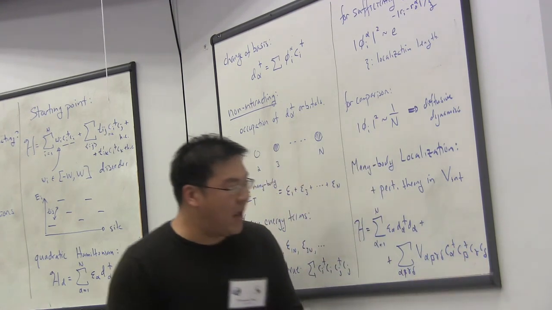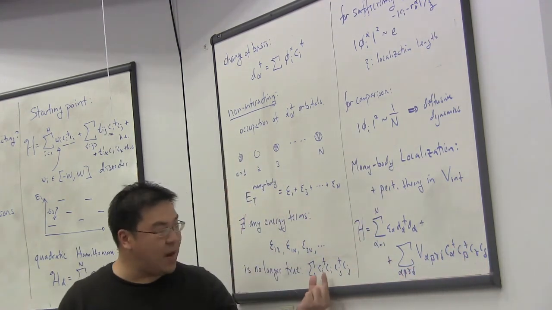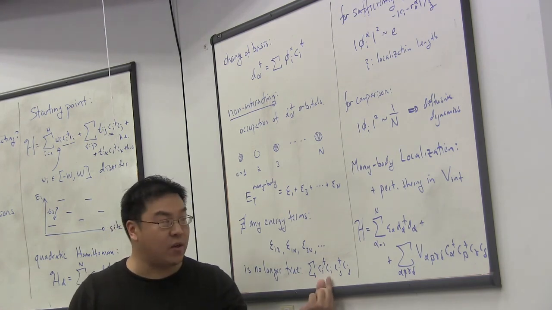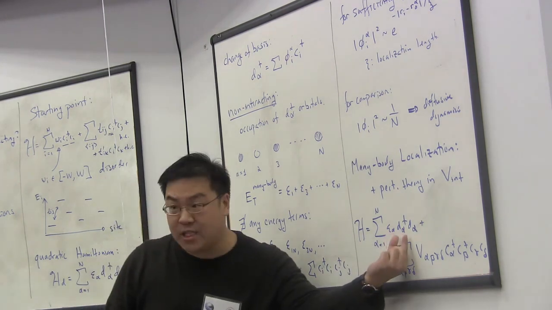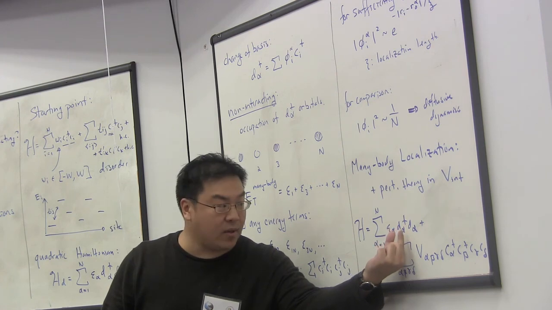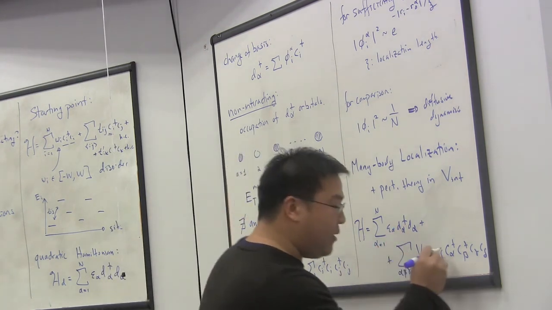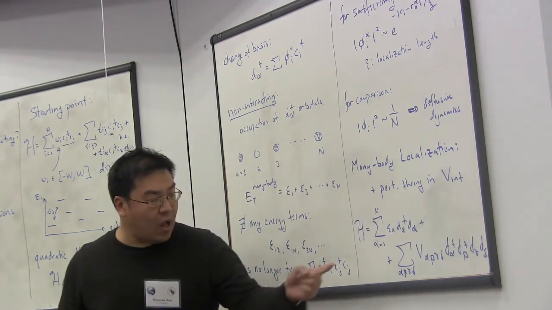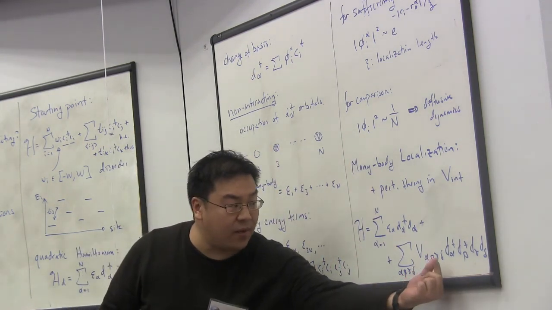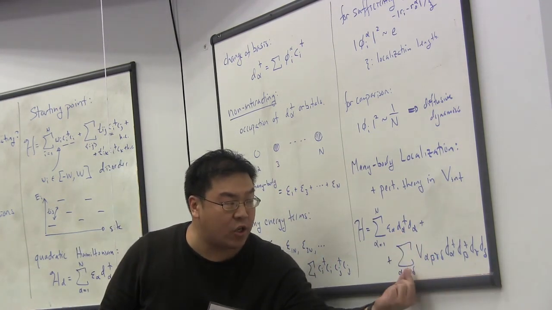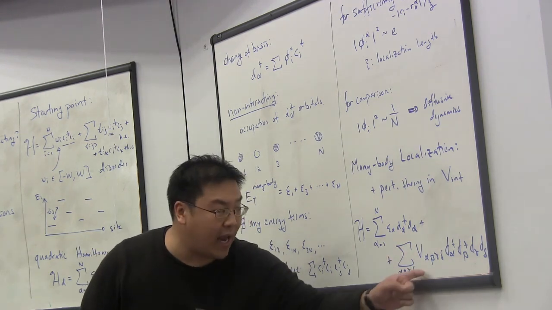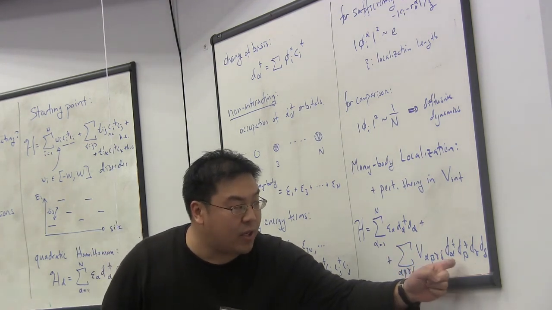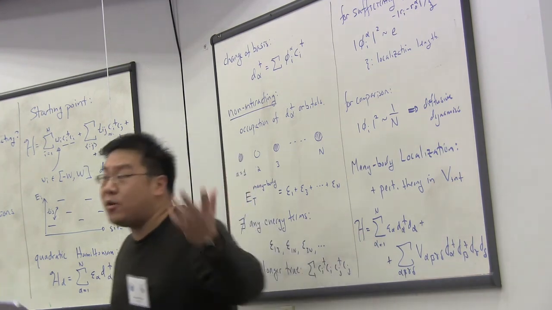Good. So what I've done here is this type of quartic interaction, which is written in real space. What I'd like to do is re-expand it in terms of the orbitals, these d's. I'd like to re-expand it in terms of these single particle wave function orbitals that I have, and naturally you'll get an interaction strength that has orbitals, and the orbitals can all be different.